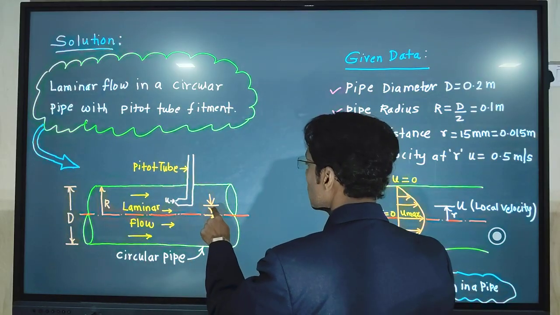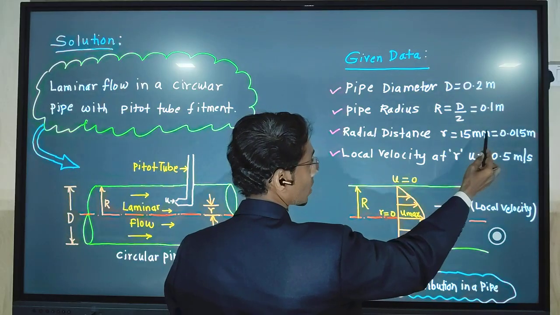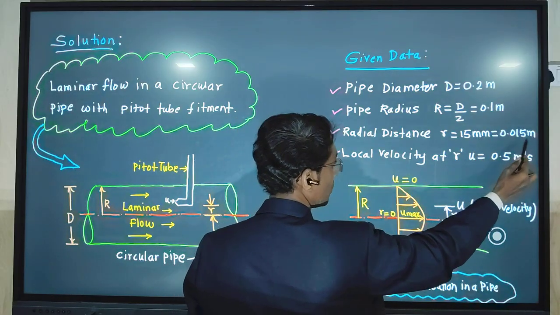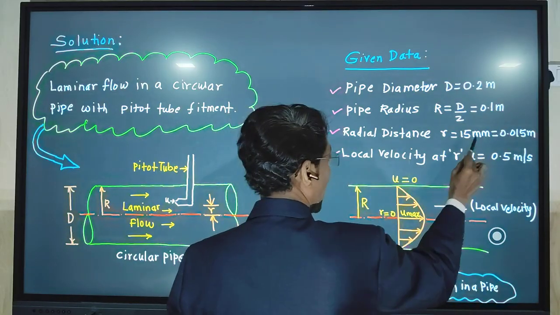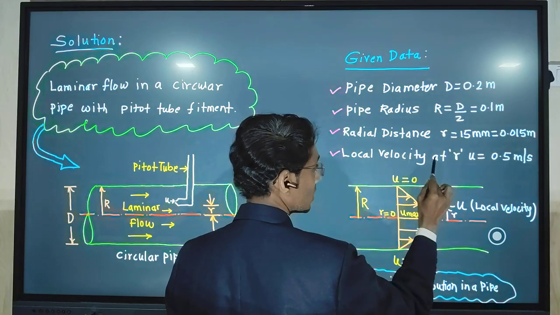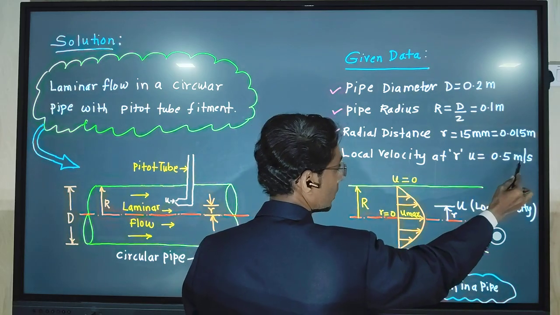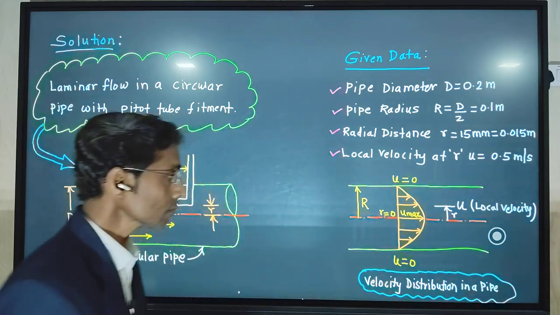Radial distance small r is given in millimeter. We have to convert that into meter. At this distance small r, local velocity measured by the pitot tube is given in meter per second.